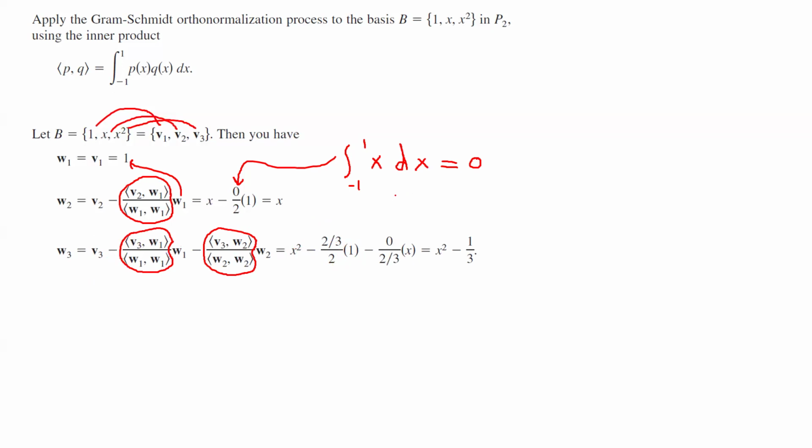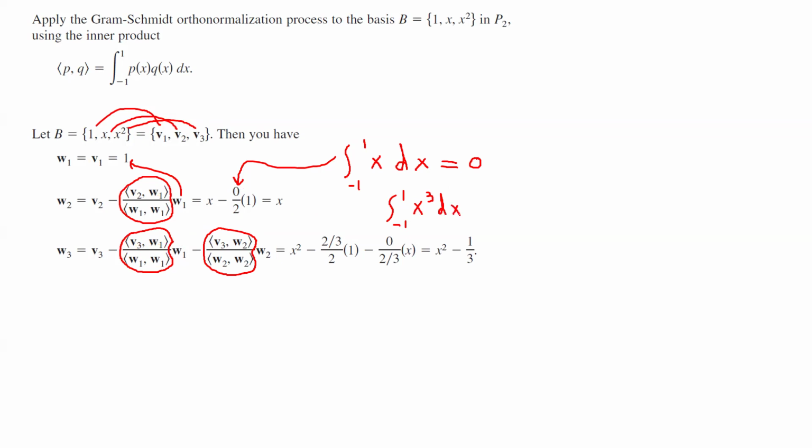So here, if I ask you to find the definite integral between v3 and w1, v3 is x squared, and here you have your w1, which is 1, so it doesn't change this function, dx.